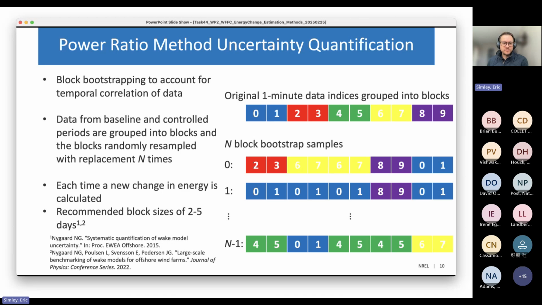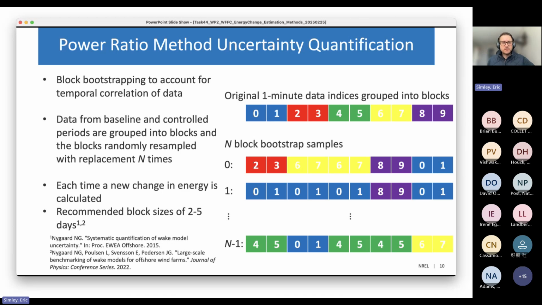I've certainly been familiar with this concept for a while, but haven't really used it or investigated it too much. But as this method is implemented in FLASC, there's a block bootstrapping approach.